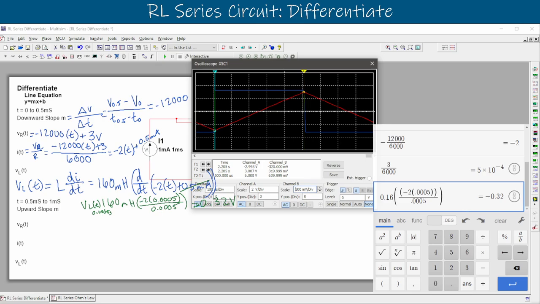So we can reevaluate that down here. And we can say that we have our 0.5. So our slope up here is going to be the change in voltage. We can say that we have our ending voltage of 3 volts minus our starting voltage of negative 3 volts.